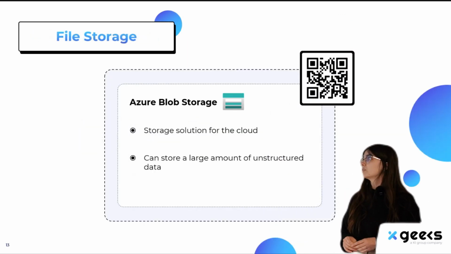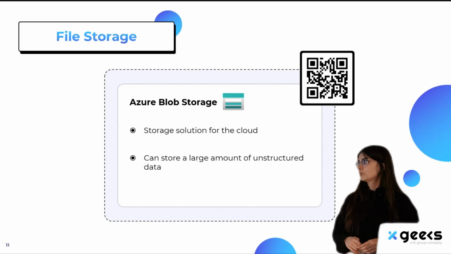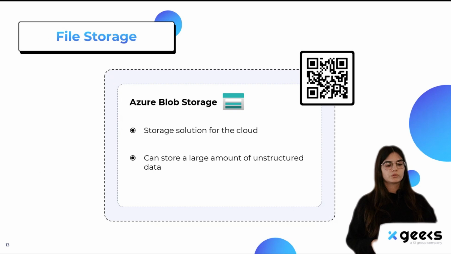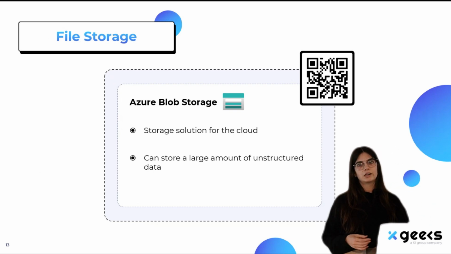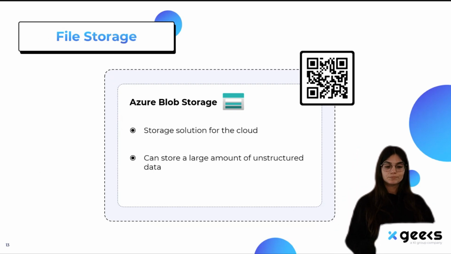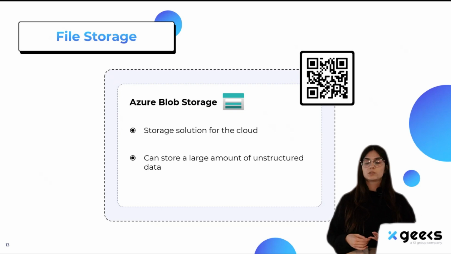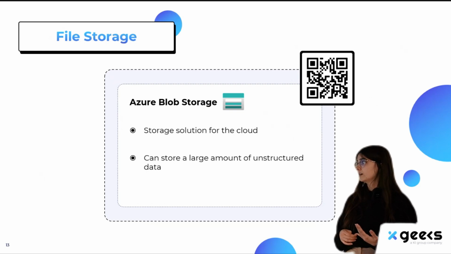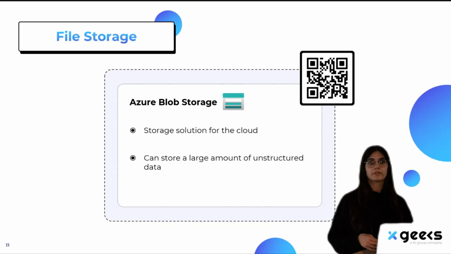So for file storage, our choice was Azure Blob Storage. It's basically a storage solution for the cloud, and you can store a large amount of unstructured data. And this is exactly what we needed, because we wanted to save our files.